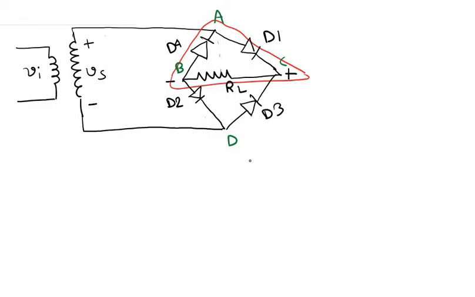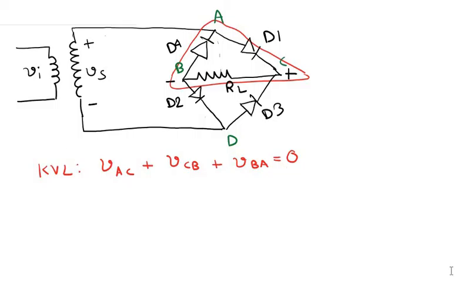Okay, now applying KVL, what we get is VAC plus VCB plus VBA equals 0.